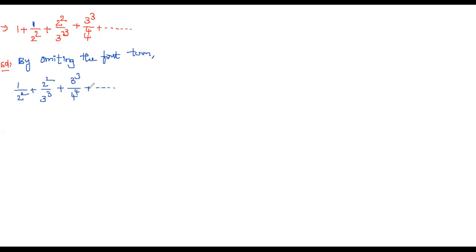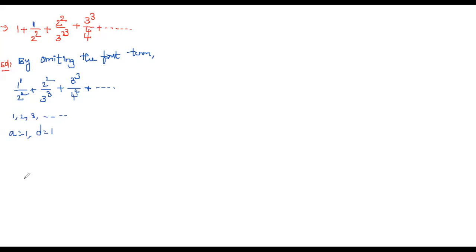Now, what is the nth term? See that the numerators are 1, 2, 3 and so on, and here it is having 1 power 1, of course. So 1, 2, 3 and so on, here a is equal to 1 and the difference is also 1.